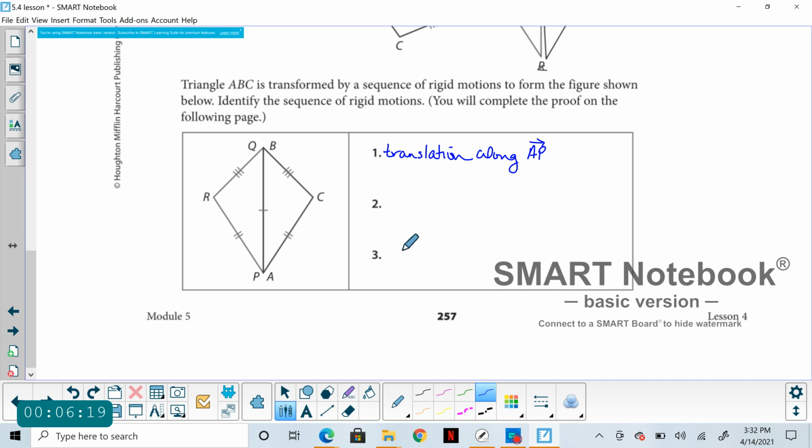It's a rotation, which we just obviously just did. So it's a rotation about P. So A, B, and PQ coincide.